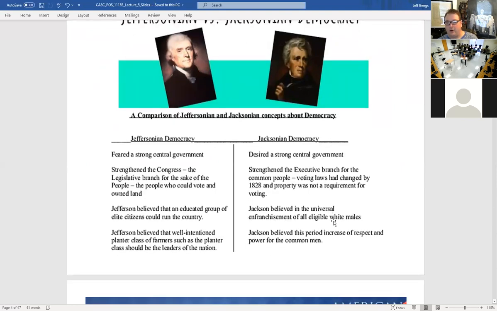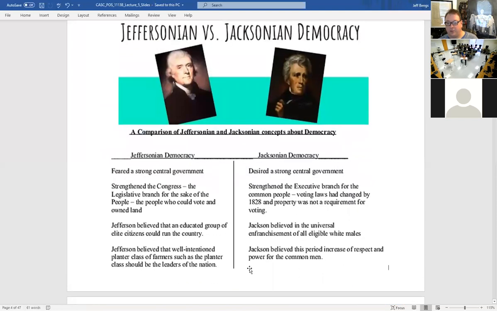He wanted all eligible white males to be able to vote. And so the power, the influence of the common people would increase, even more so than Jefferson's Jeffersonian democracy.